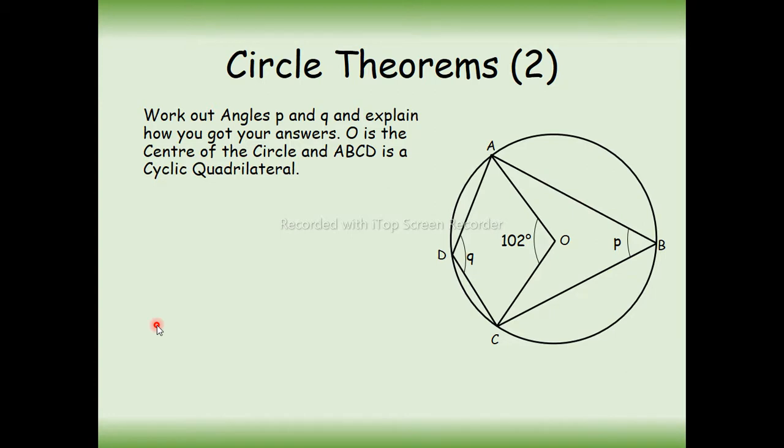Work out angles P and Q. Explain how you got the angles. O is the center of the circle, and ABCD is the side of the quadrilateral. All right, so let's do this. Would Q be half of 102?